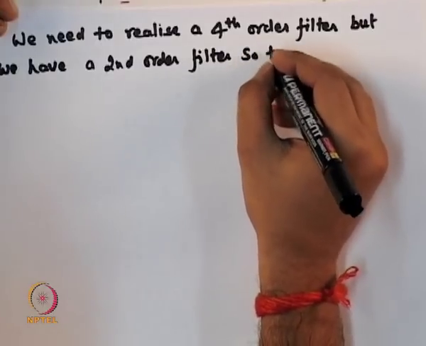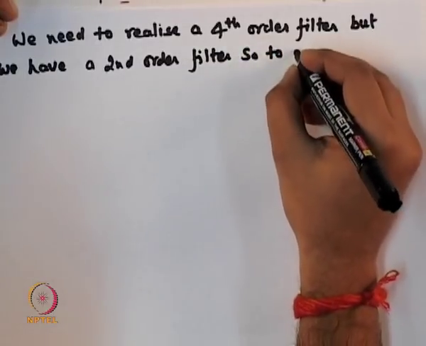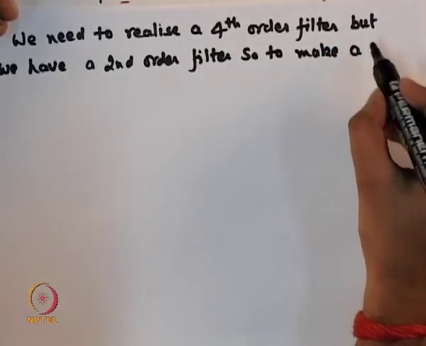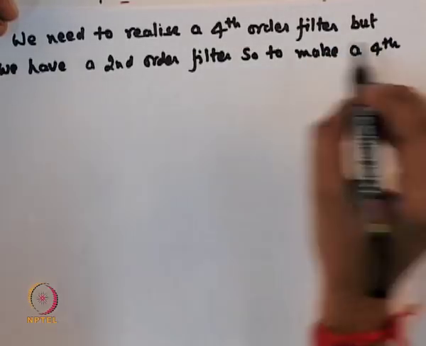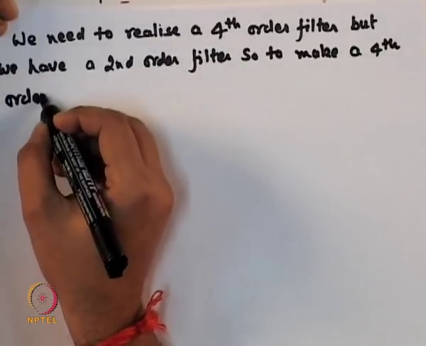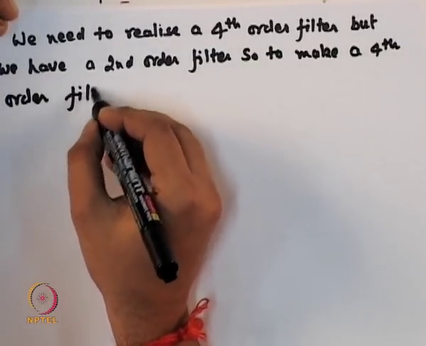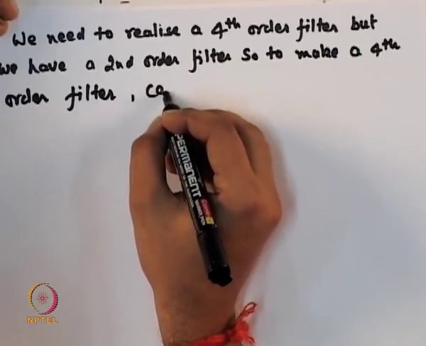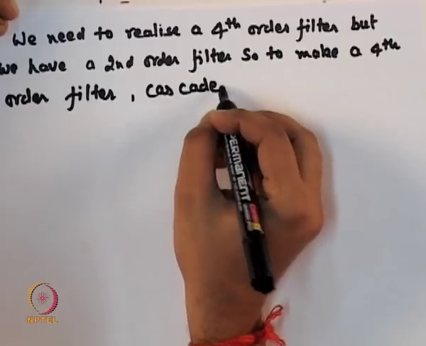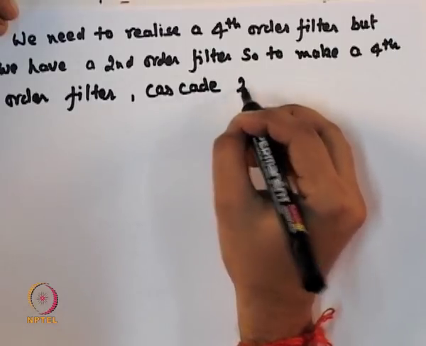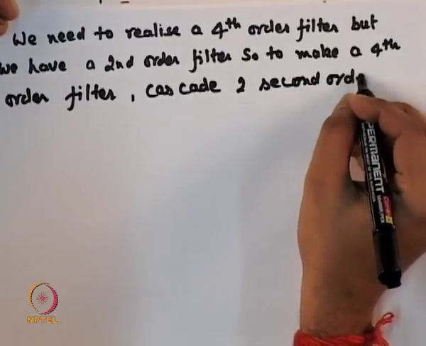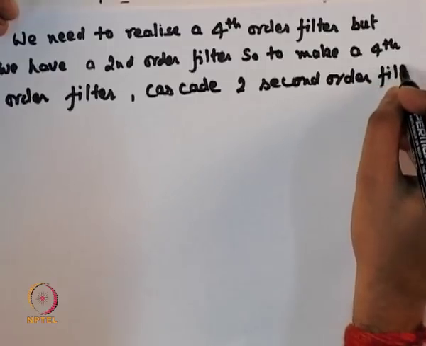So to make a fourth order filter, cascade two second order filters.